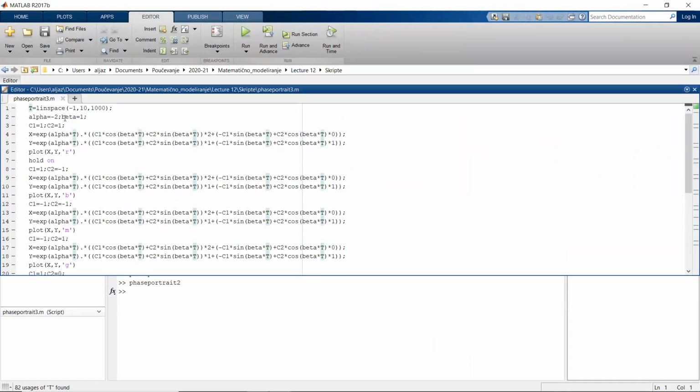This is this case, so you see alpha is -2, beta is 1, and again, I take all different combinations of C1 and C2 and plot the solutions.